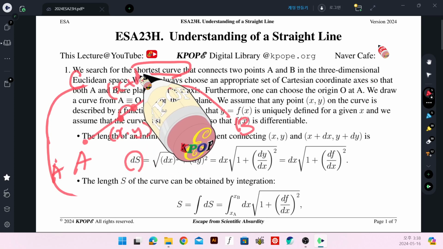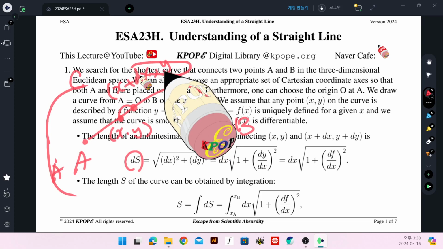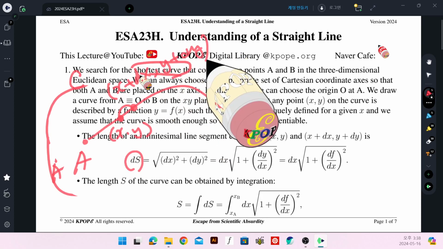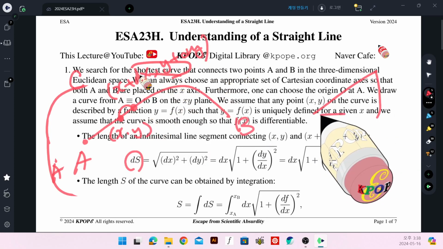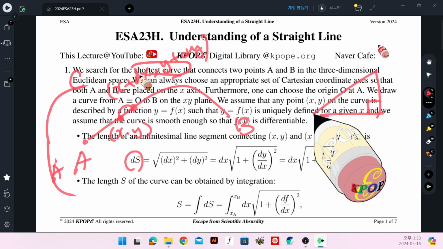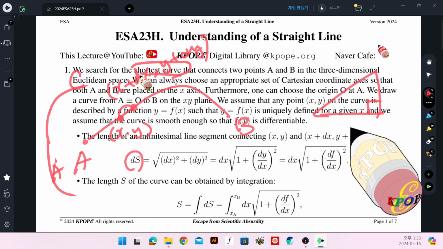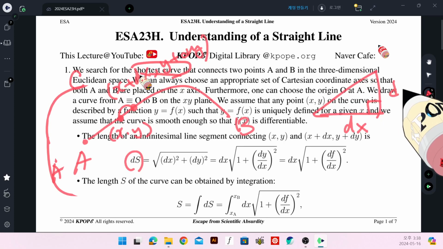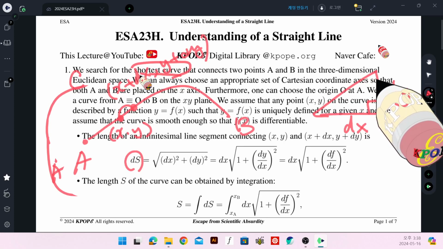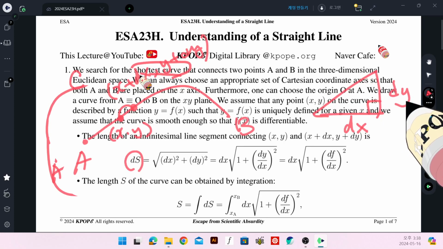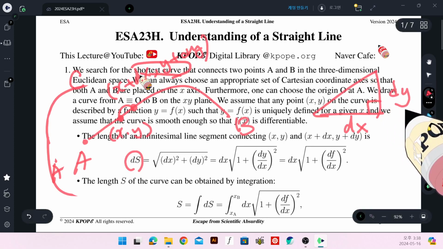So that is x plus dx, y plus dy. Then we can find a triangle. This length along the x-axis is dx, and this side, the vertical side, has the length dy.